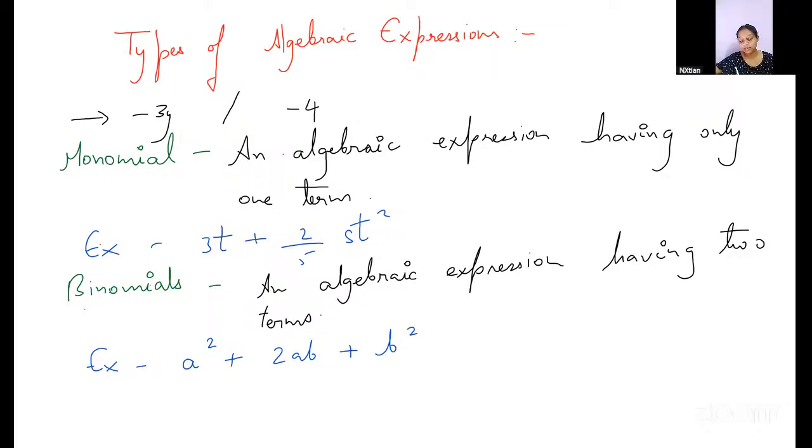A square plus 2ab plus b square. Emma, how many terms are there in this one? Ma'am, three. Three. When we have expressions that have three terms, they are known as trinomials.